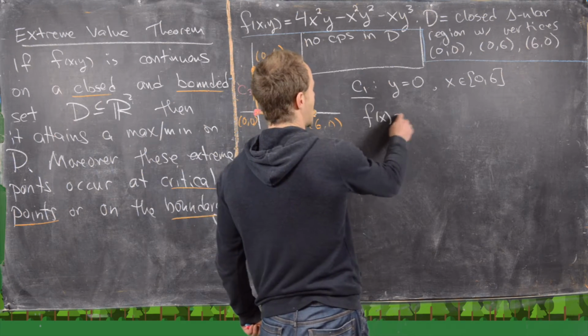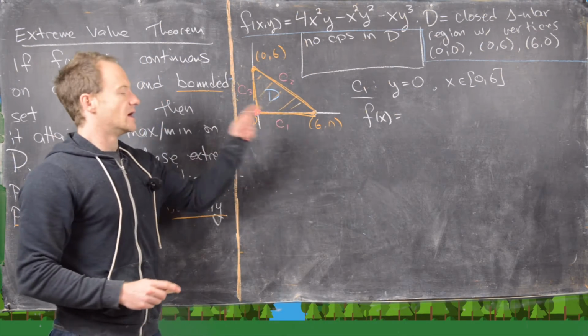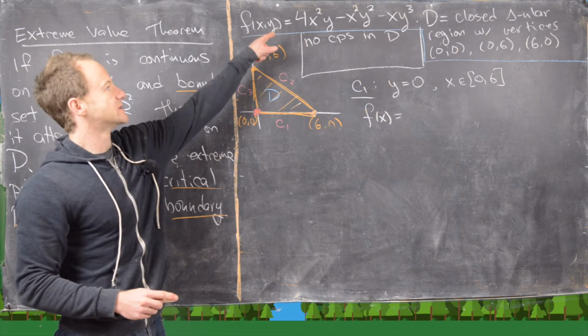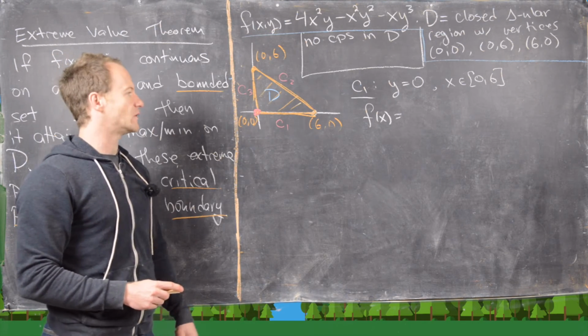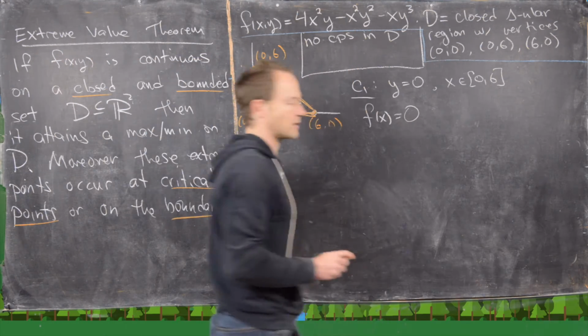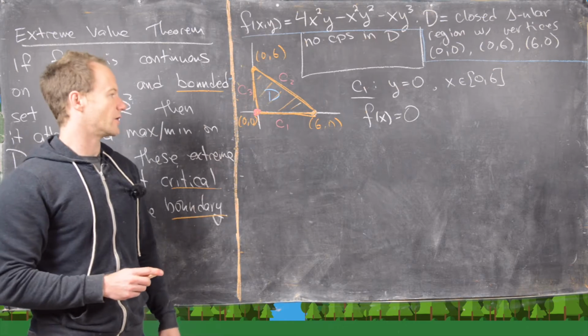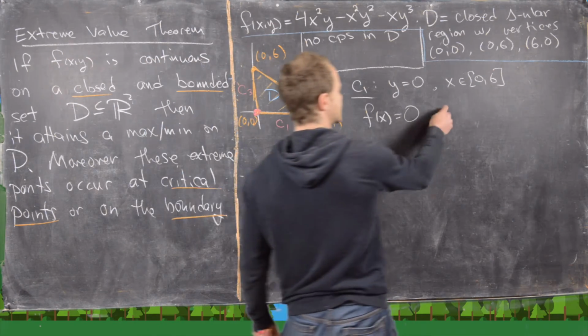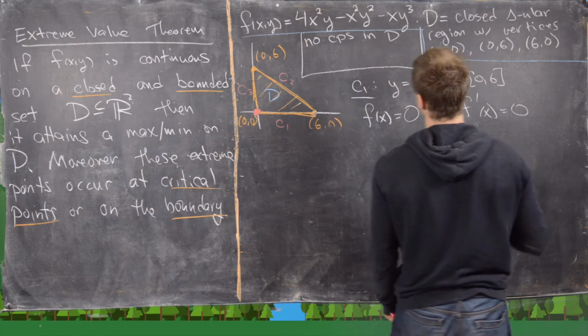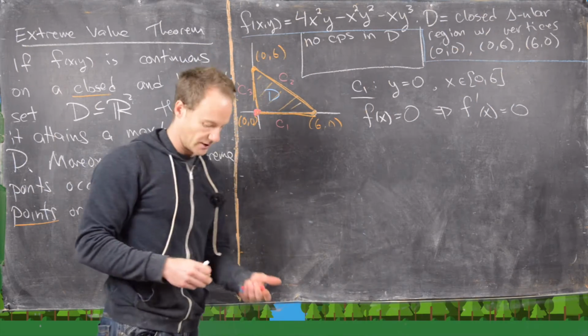In this case, f of x, y collapses to f of x comma 0, which I'll just denote by f of x. So I'm going to plug y equals 0 into this whole thing, but notice I get that this is equal to 0. Okay, good, but that tells us that f prime of x equals 0 for all of these points also.